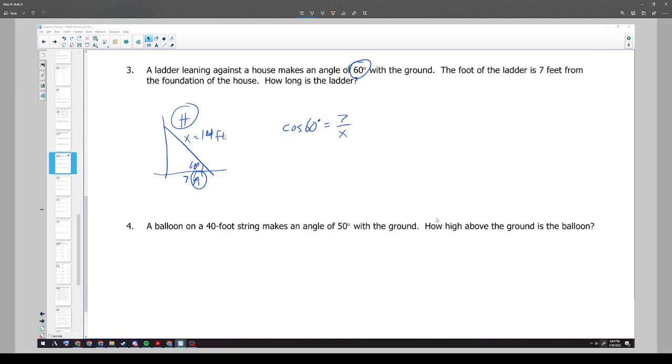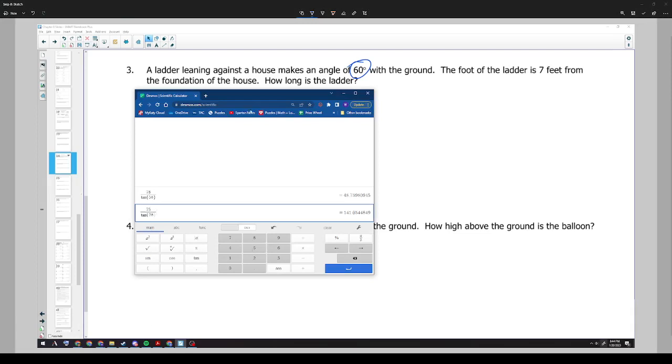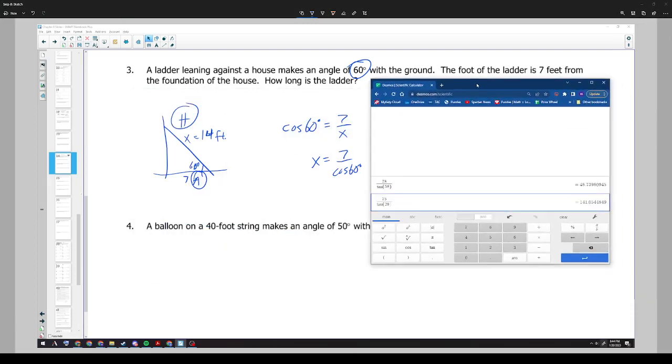So what we're going to see here, because we are going to use the calculator to check this, is that cosine of 60 is a half, because we're going to do x equals 7 over cos 60 degrees. So cosine of 60, part of why that 30-60-90 right triangle is so special is because the cosine of it is a very nice round number that is 1/2.